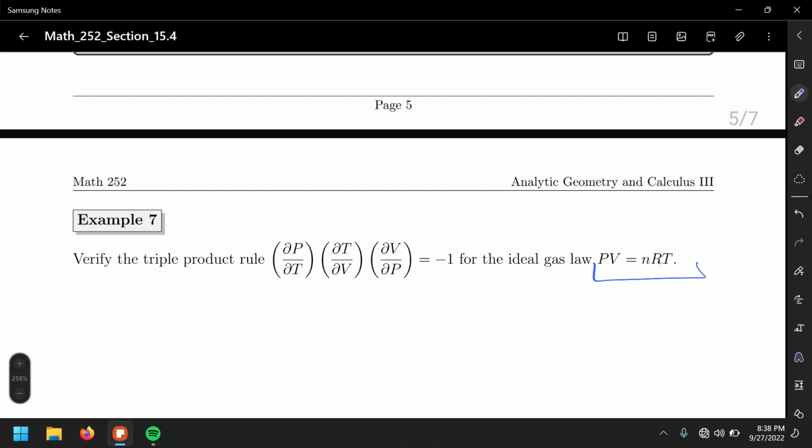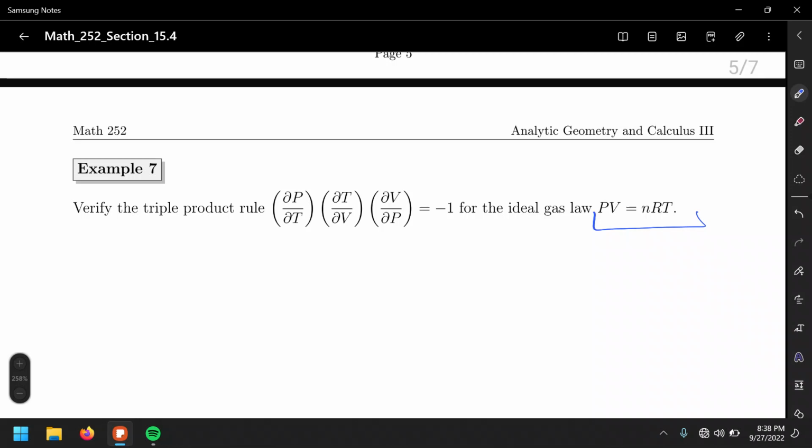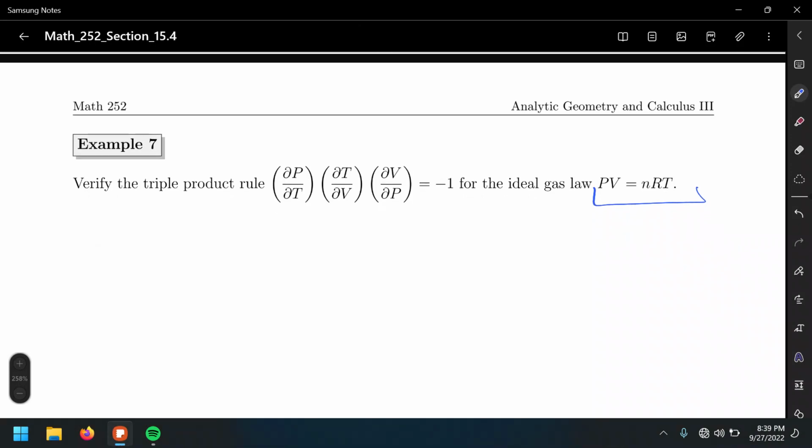Let's see. Let's go ahead and write the PV = nRT formula.